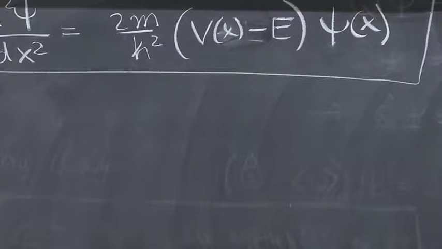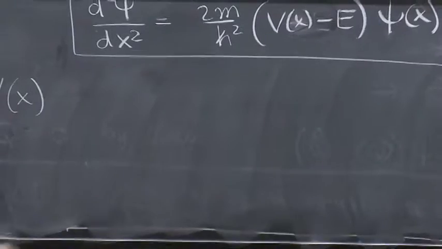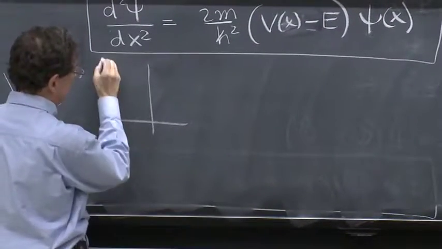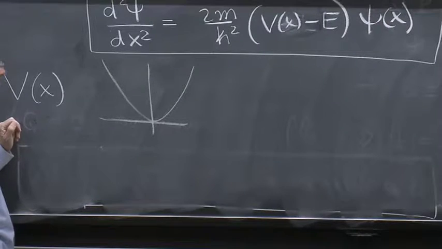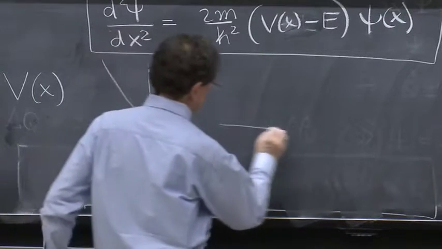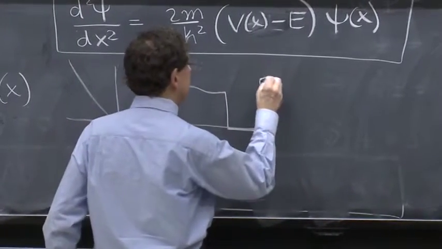So whenever you have a problem, you may encounter a potential, V of x. And the question is how bad this potential can be. Well, the potential may be nice and simple. Or it may be nice, but then have some jumps.